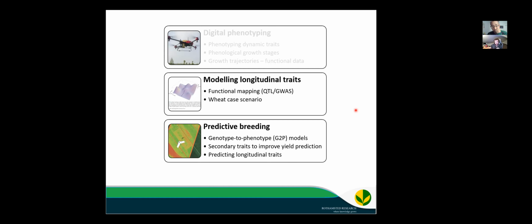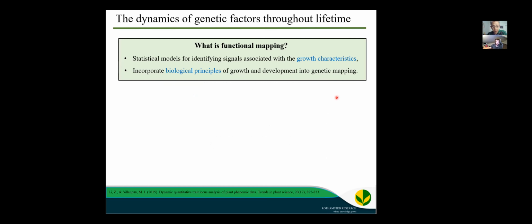And the second topic here is how we are going to model these longitudinal traits plus the molecular markers. You're trying to find signals, trying to find all this variation when you incorporate this biological information. And I will tell you about my wheat publication.